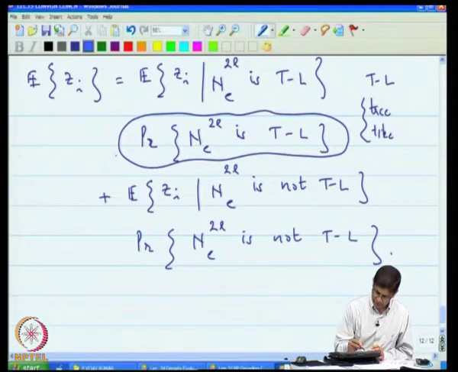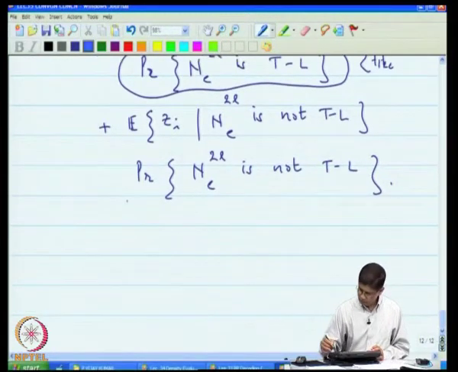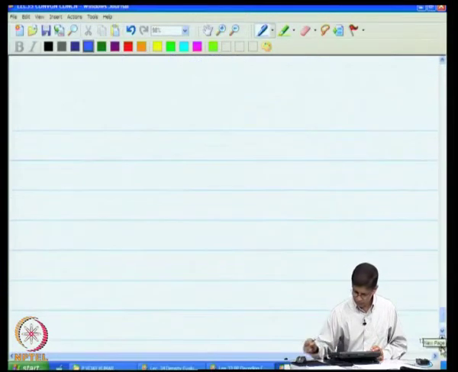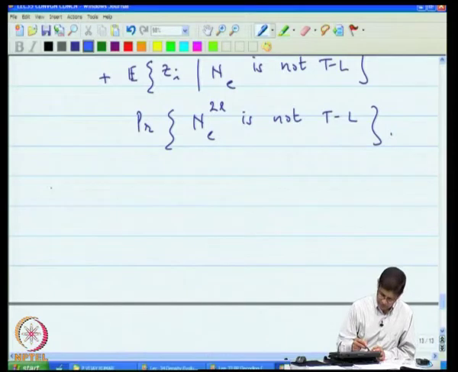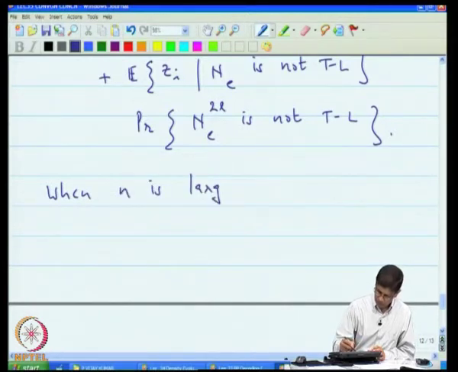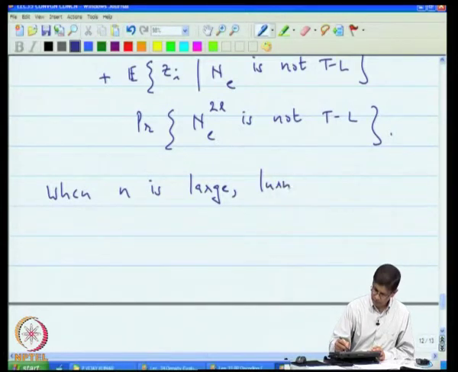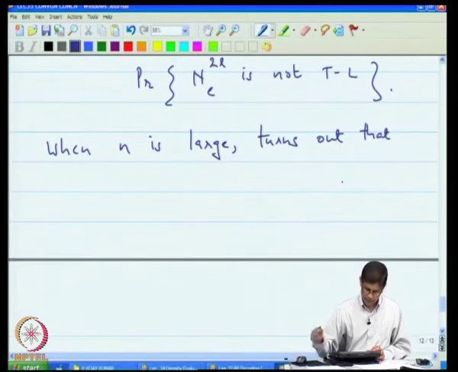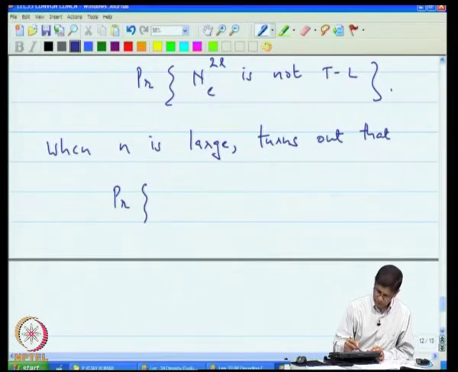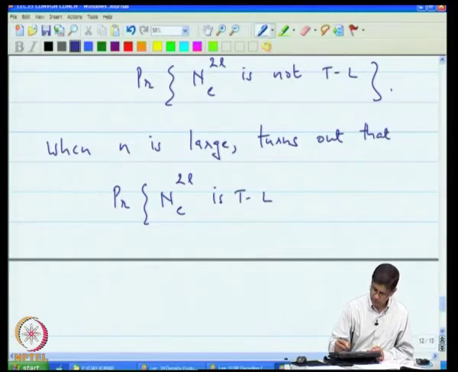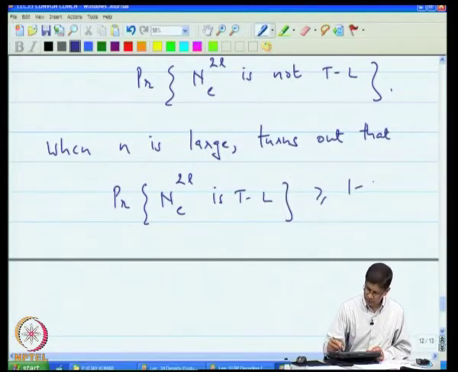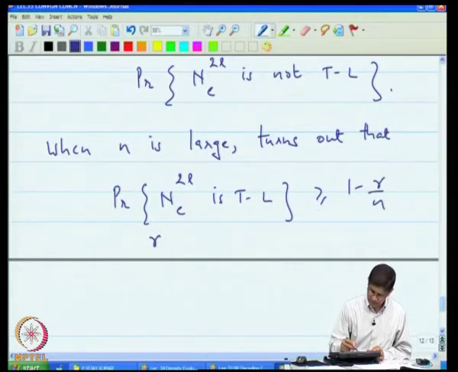So, when n is large, it turns out that the probability that the neighborhood of a given edge is tree like to depth 2l is greater than or equal to 1 minus gamma by n, where gamma is a constant.